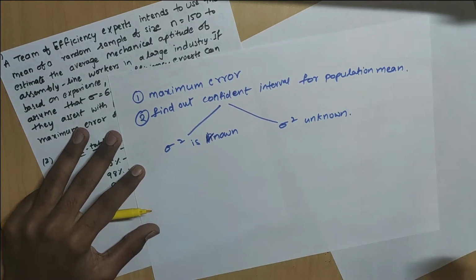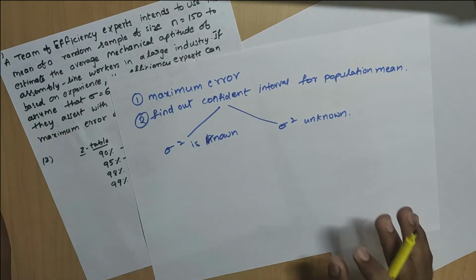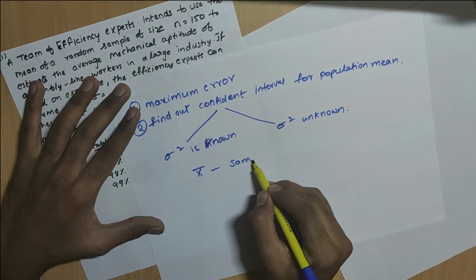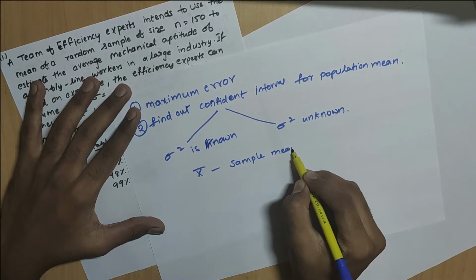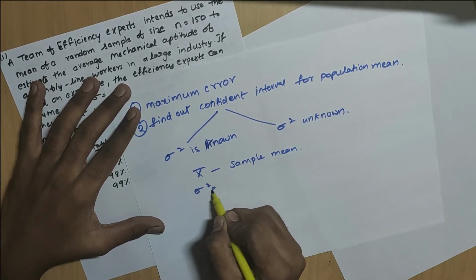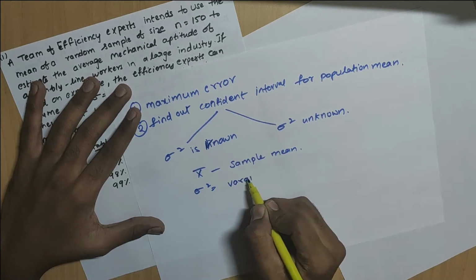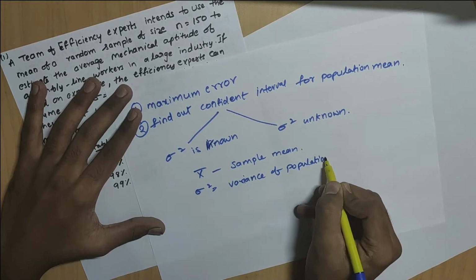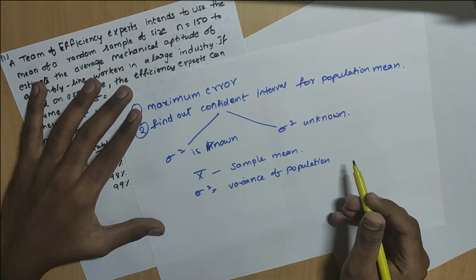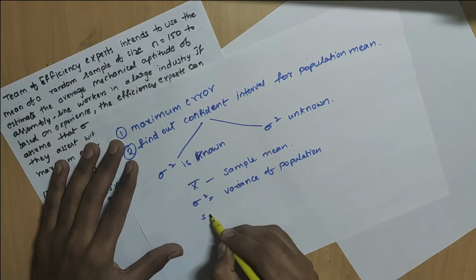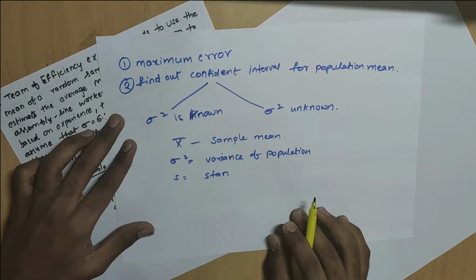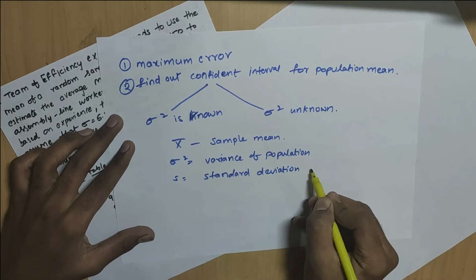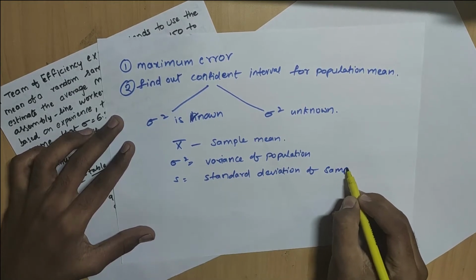The first thing we should know is that x bar is the sample mean, sigma square is the variance of the population, and S is the standard deviation of a sample.